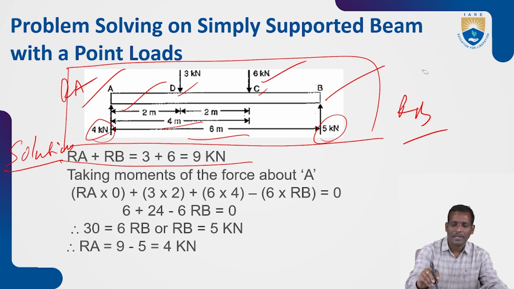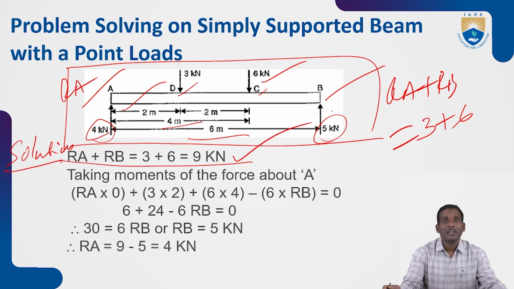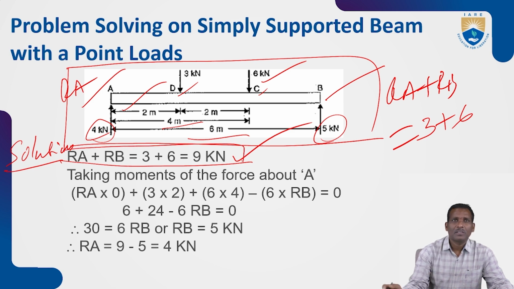So RA plus RB must be equal to the downward vertical loads, whatever point loads are acting on this beam, that is 3 kilonewtons plus 6 kilonewtons. So here RA plus RB is equal to 9 kilonewtons. Now calculate the individual reaction forces RA and RB. How do you calculate? Taking moments of the forces about A.